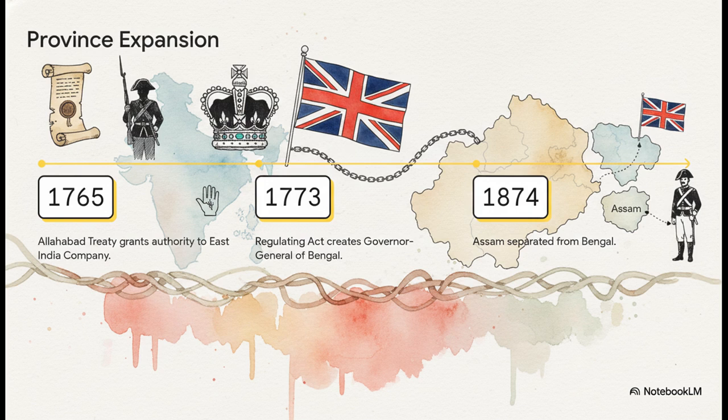Then, in 1773, the Regulating Act upgraded the governor of Bengal to governor-general, giving them immense power over this incredibly vast area. By 1874, the British actually took their very first baby step toward division by separating Assam into its own state. So this century-long expansion created a province so huge, the British finally had their perfect public excuse.